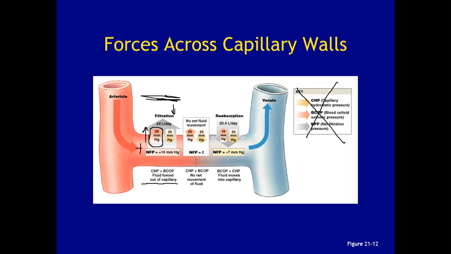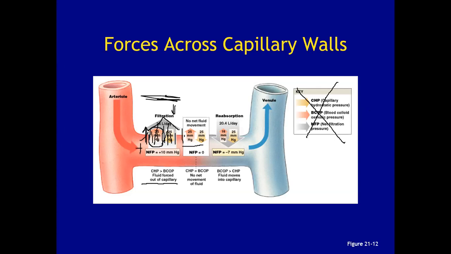So the force pushing out is greater than the force pulling in. So which way does the net flow go? It goes out, okay? And as this fluid leaks across, remember, pressure is going to decrease. So as we move along and we're losing volume, pressure goes down.